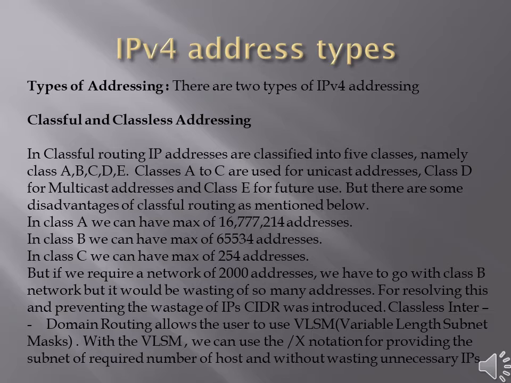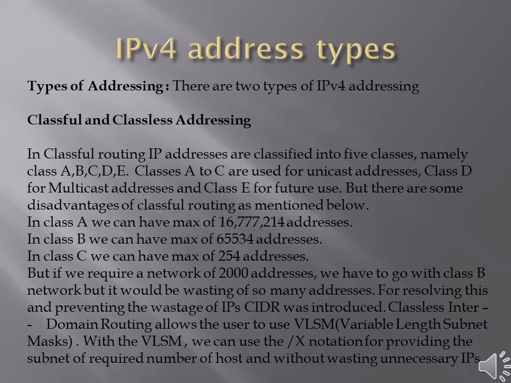But if we require a network of 2000 addresses, we have to go with class B instead of class C. That would waste so many addresses, because when you choose 2000 addresses from class B, the remaining 65534 minus 2000 addresses are going to be wasted.